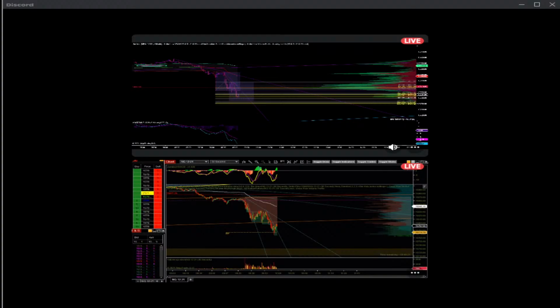Let's wait for a little bit to form some type of pattern here so we can get in. That was a perfect AB equals CD. It's playing out. Okay, cool.